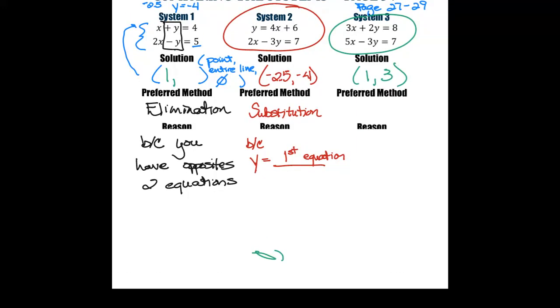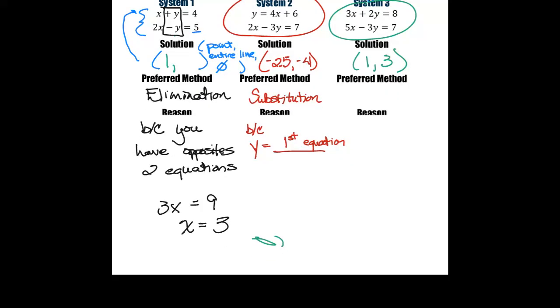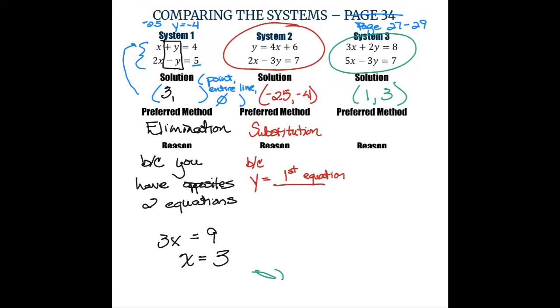If I add these together, I get 3x equals 9. So that would mean x is equal to 3. And if x is equal to 3, then y is equal to 1. Did you say 3, 1 or 1, 3? You had 1, 3. If it's 3, 1, that works.